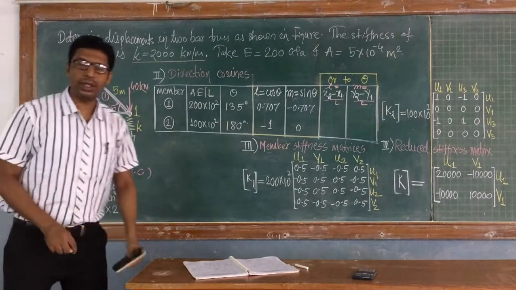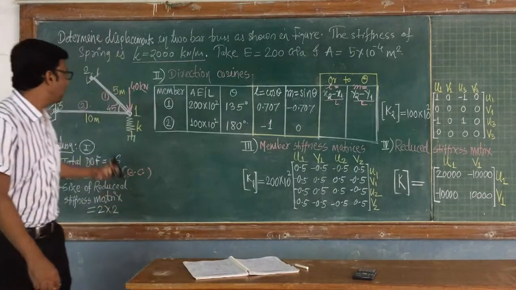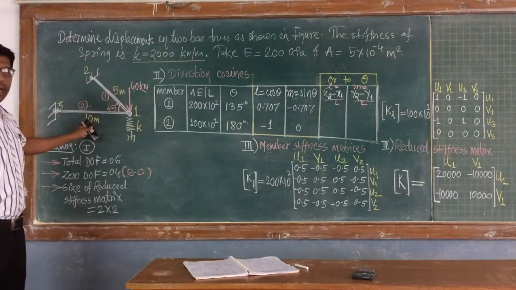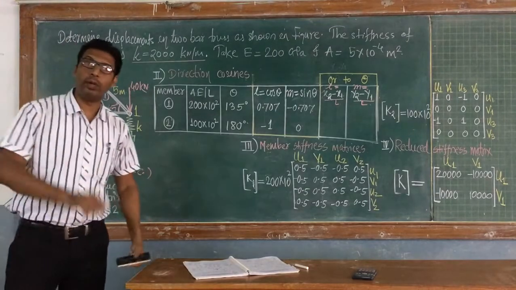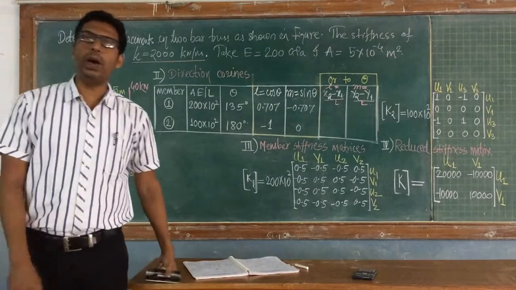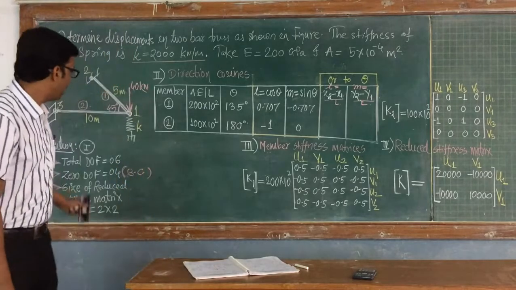So node numbers and member numbers are given in the figure. Length of member 1 5 meter, length of member 2 10 meter. So length of member is also given. Okay. So let's start the solution of problem using stiffness matrix method.